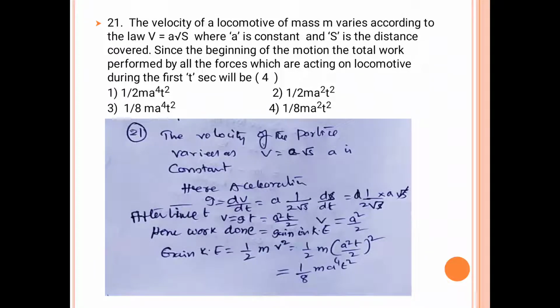A is constant here. Here I have taken g as acceleration, then this v has been given. Differentiating this v, you will get acceleration, that is equal to g. Here we have taken g as the acceleration.